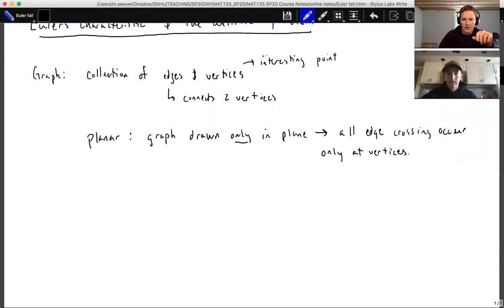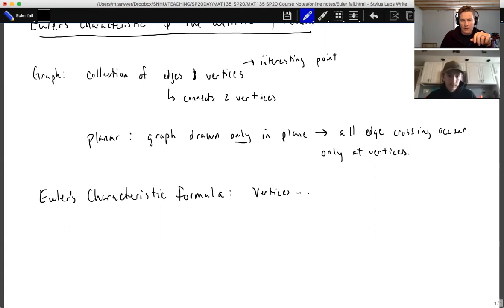We also talked about the idea of Euler's characteristic formula. This is when we were talking about polyhedra, like cubes and such, where we had the vertices minus the edges plus the faces equals 2.